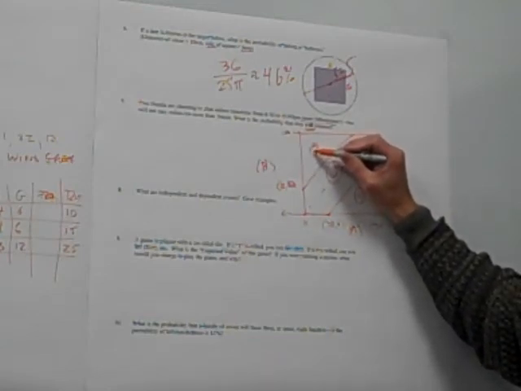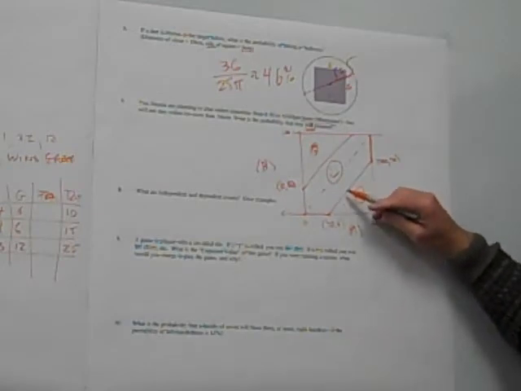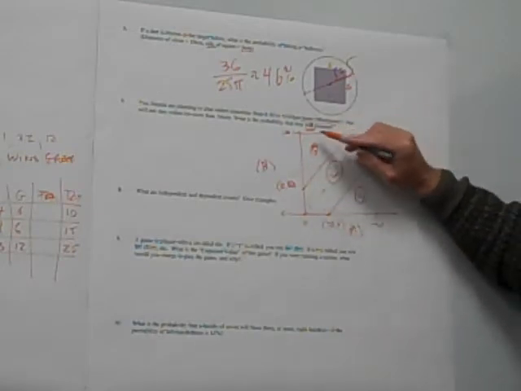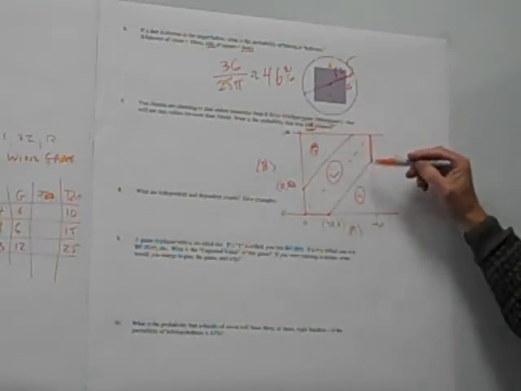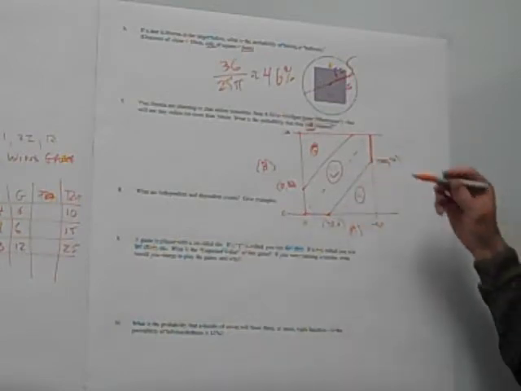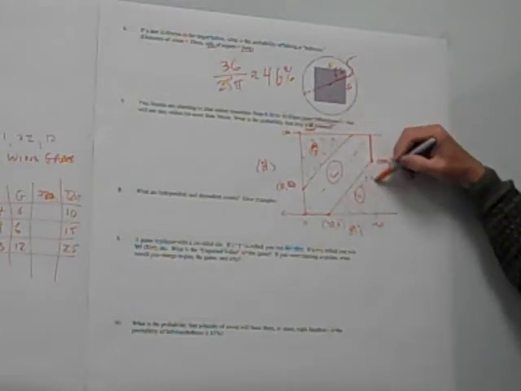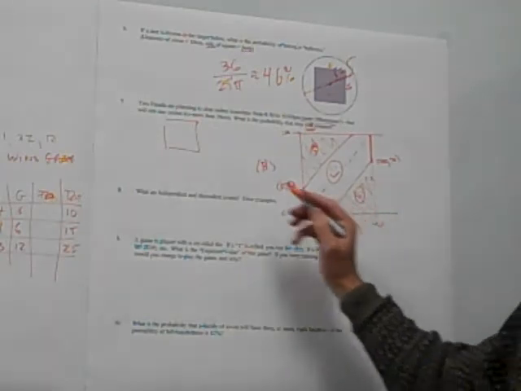We need to figure out what is the area of this, because the probability that they will connect will be this inside area. It's easiest to think outside and then do the subtraction. So I'm going to take this triangle here and add it to this triangle here, and I end up with a square that is 70 by 70.